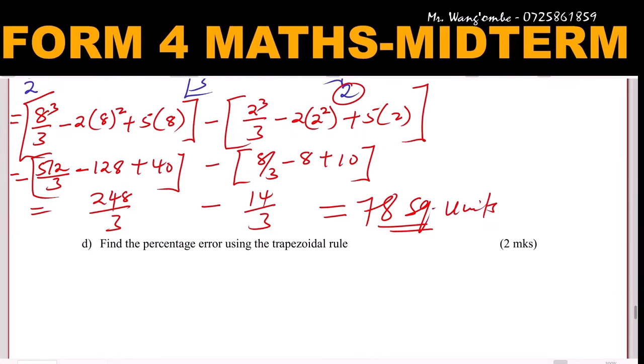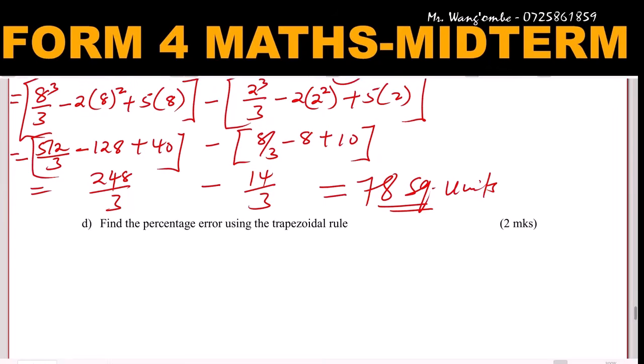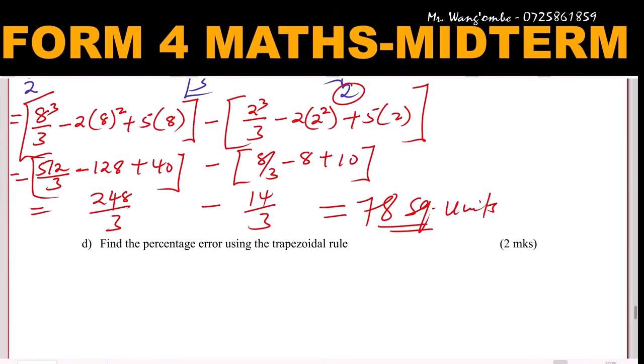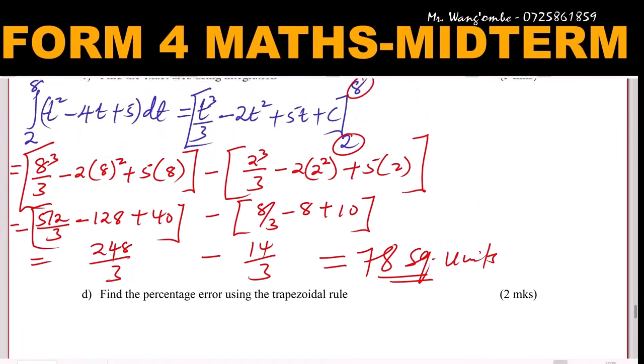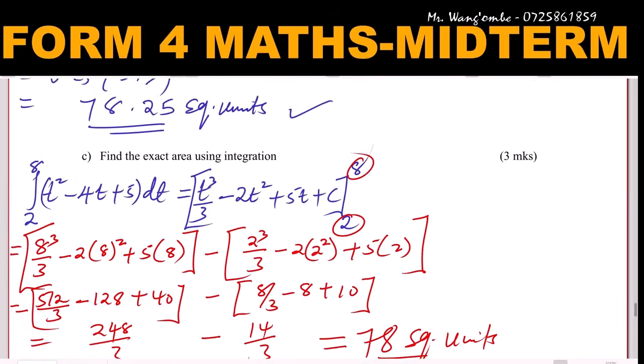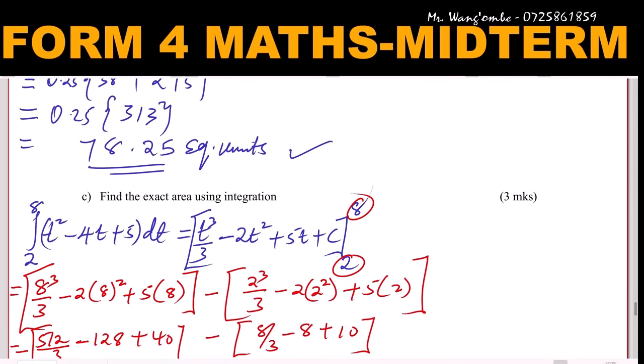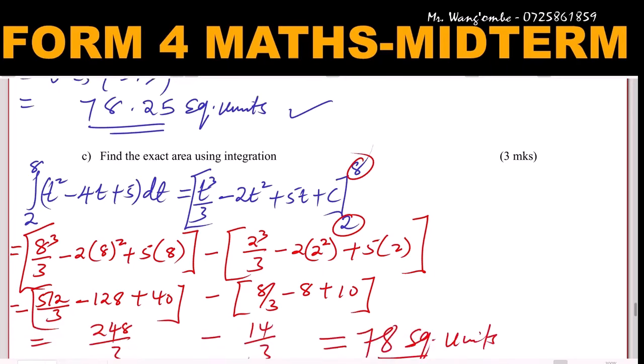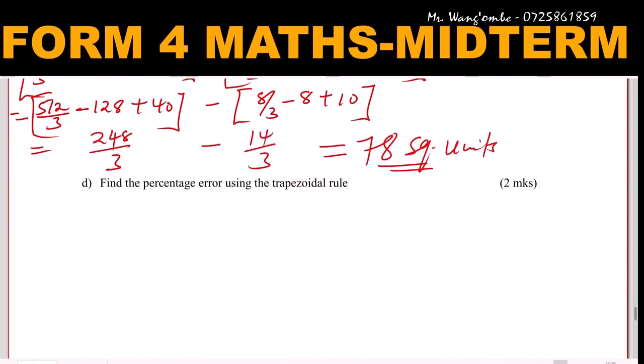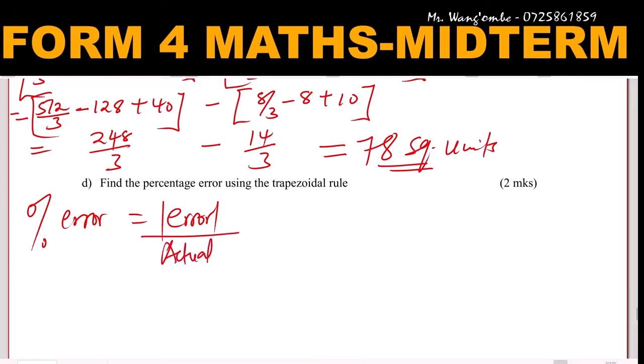The last one, find the percentage error using the trapezoidal rule. So the exact area is 78 square units. Using the trapezoidal rule, 78.25. What is the error? To get the percentage error, you take the absolute value of the error, divided by the actual area, multiplied by 100%.